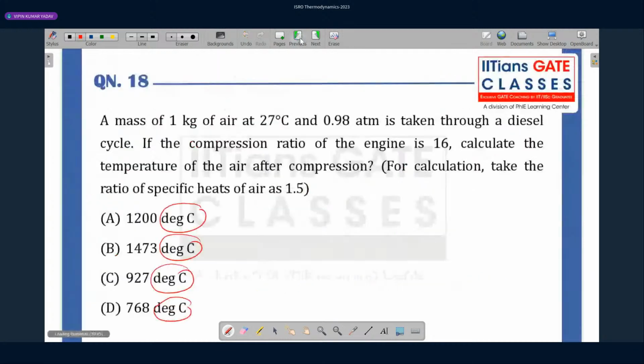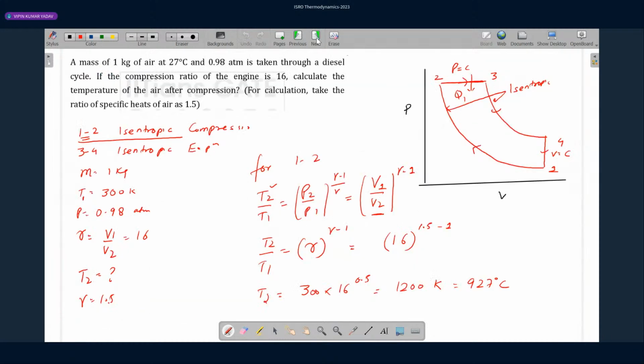If you go and mark A, you will just lose your marks. 927 degrees Celsius is the correct answer. I hope this is clear. Got it?